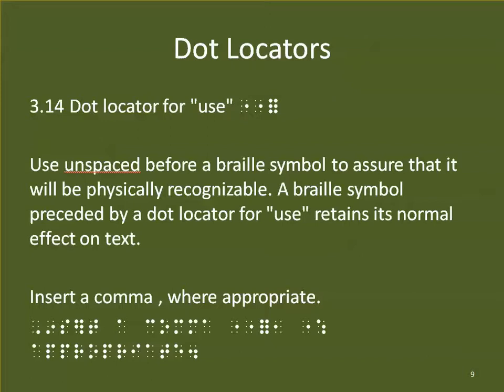So we have in Braille, insert a comma, the dot locator for use, and then the comma itself, and then where appropriate, period. So now we can easily identify that comma and know where it is in the cell. And again, this is the comma in use in this sentence. It's not being introduced as something that will come up later.